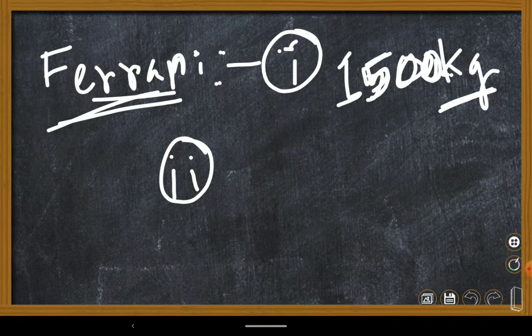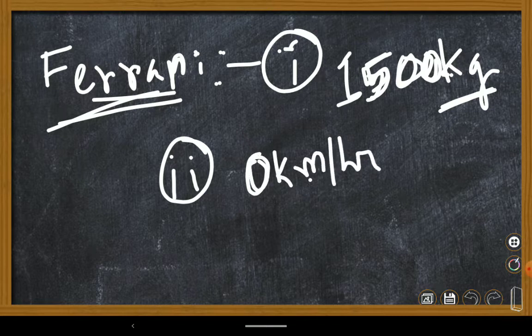Suppose the Ferrari starts from rest, that means 0 km per hour, and here km per hour is the speed.